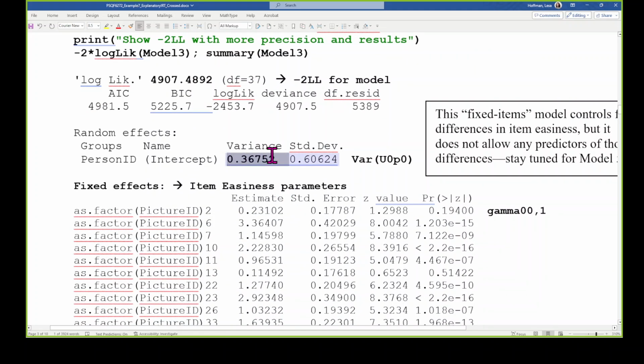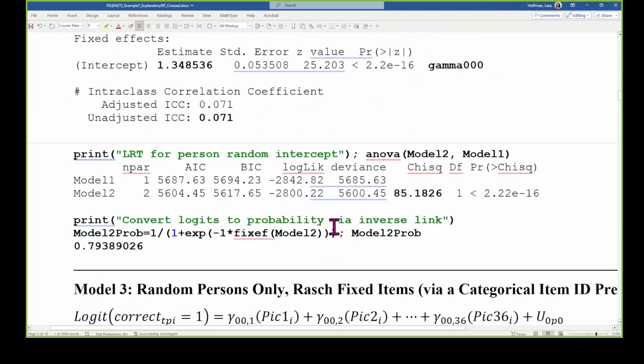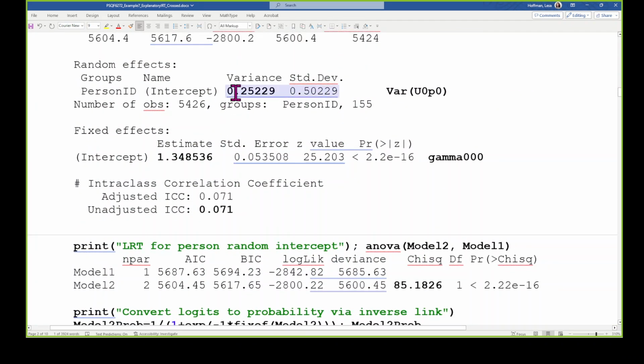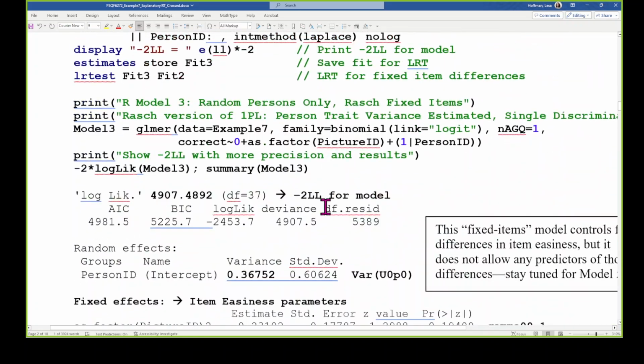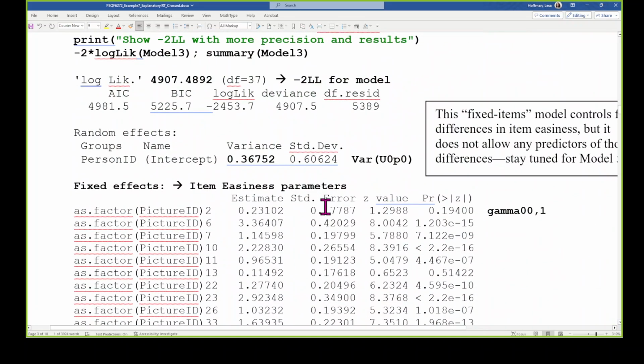Person variance is now 0.36 relative to the previous model, in which it was only 0.25. That strike anyone as weird? Explaining why some items are more difficult than others via fixed effects increased the amount of variability across people at level 2.